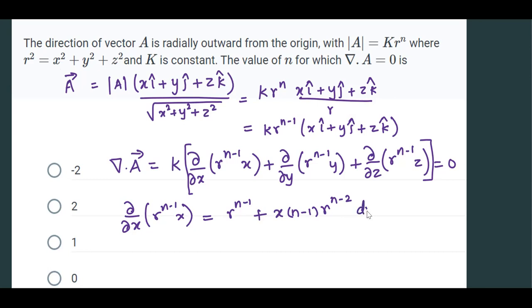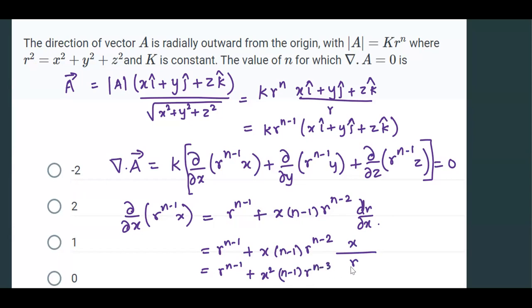So this is ∂r/∂x. ∂r/∂x is x upon r, that is 2x upon root of x² + y² + z² with the half. So we have r^(n-1) plus x² times (n-1) times r^(n-3).